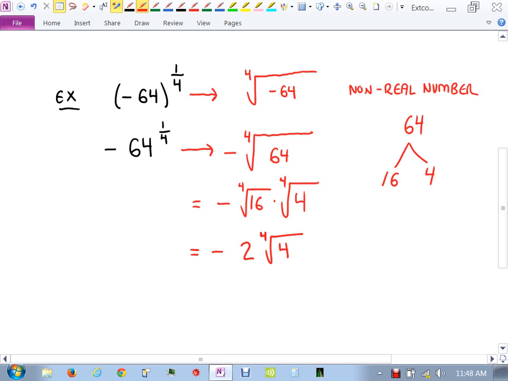Okay, I want you to look at this one, and we're going to talk about a property here. How about telling me what this is? Same thing, convert this to radical notation and then solve. So what would 9 to the 5 halves be? 9 to the 5 halves.